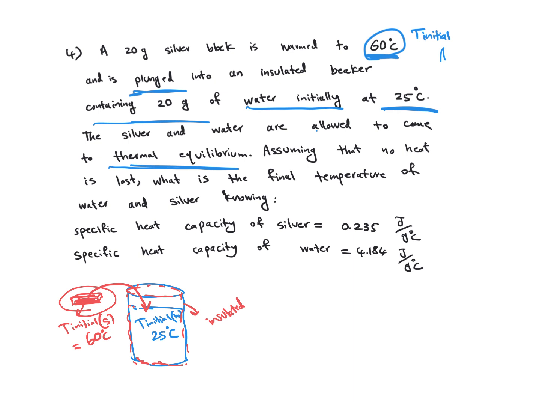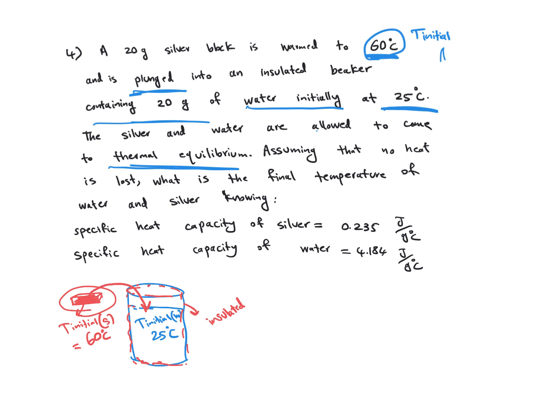The only thing that is happening is that I have this silver block that is hotter than the water. So when I put it in my water, it gives thermal energy to my water. So water gains thermal energy and its temperature increases, and this silver block loses thermal energy and its temperature decreases. So I hope you have an understanding of what is happening here.